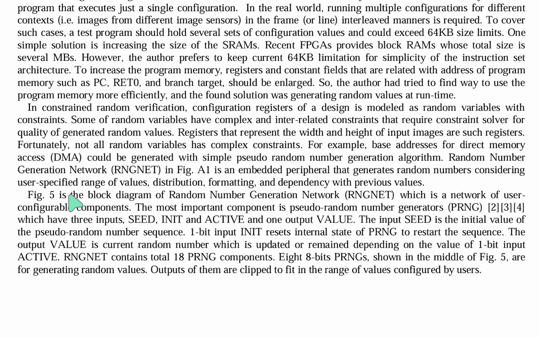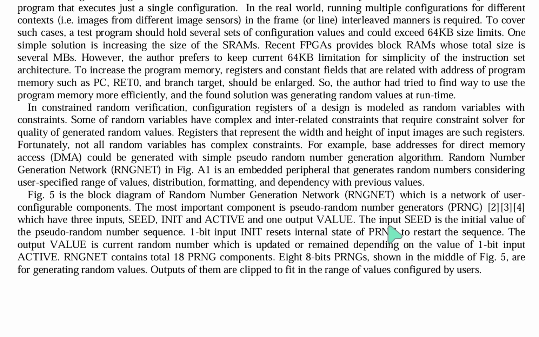Figure 5 is the block diagram of a random number generation network, which is a network of user-configurable components. The most important component is a pseudo-random number generator, PRNG, which has three inputs, seed, init, and active, and one output, value.